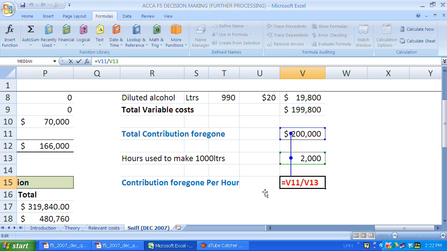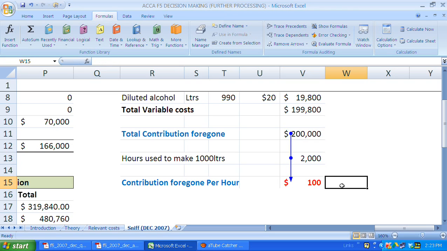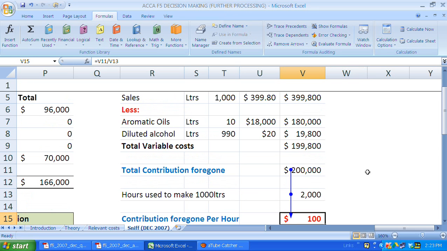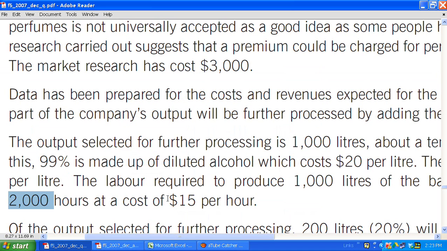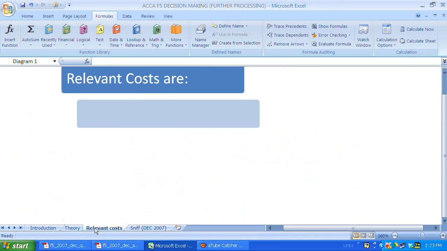So the contribution foregone per hour is $100.